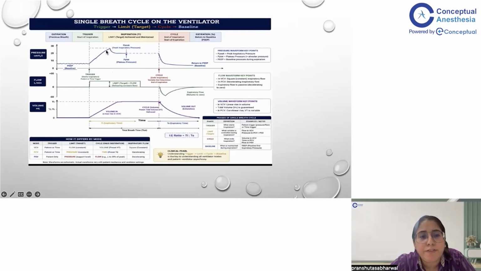Then there will be the flow, and any disturbance there means the asynchrony is related to the flow. In the last part, the cycling part, where inspiration ends and expiration starts, if you find any changes in the graph, that means something is wrong with the cycling.